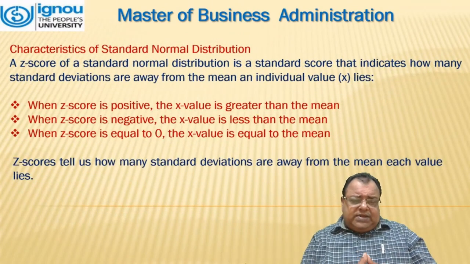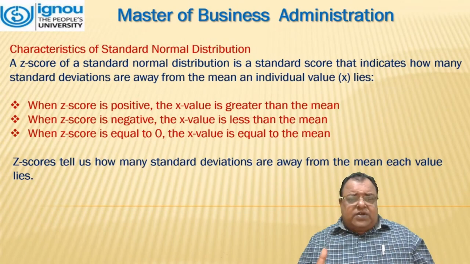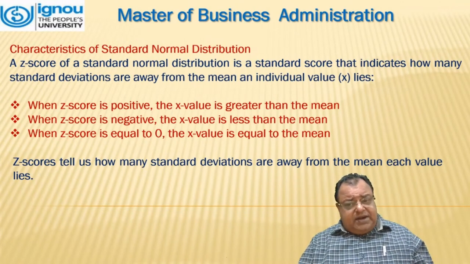What are the characteristics of the standard normal distribution? A z-score of a standard normal distribution is a standard score that indicates how many standard deviations away from the mean an individual value x lies.